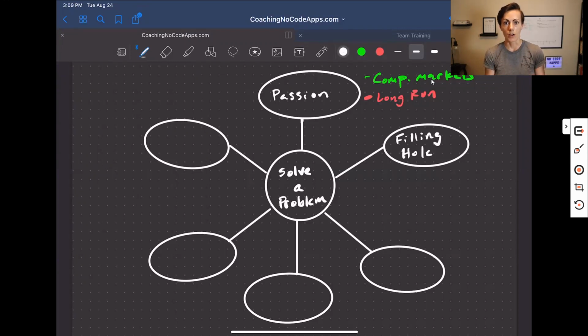Now, when you are launching your app, you don't want to just build the same thing people are already using. Instead, you want to find pain points that exist in those solutions that are already being used, and you want to fill those holes.